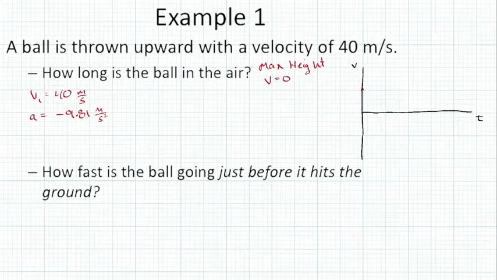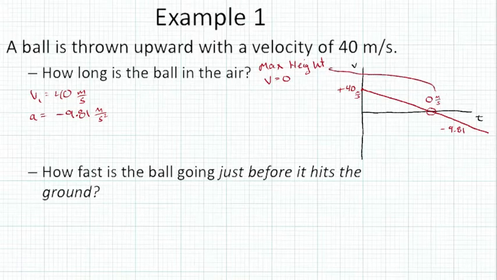So this slope right here is going to represent our acceleration, and that is our negative 9.81. And so this means that if we start with a positive velocity, positive 40 meters per second, the acceleration of gravity will slow it down such that at some point it becomes 0 meters per second. That's at the very top of its trajectory right there, the max height.